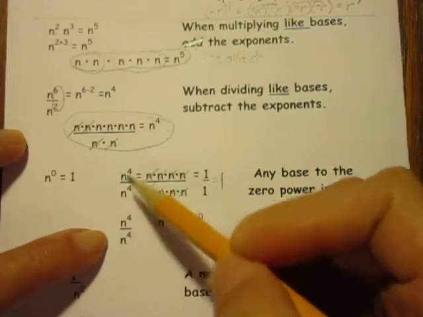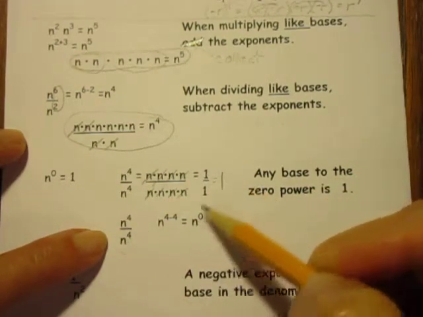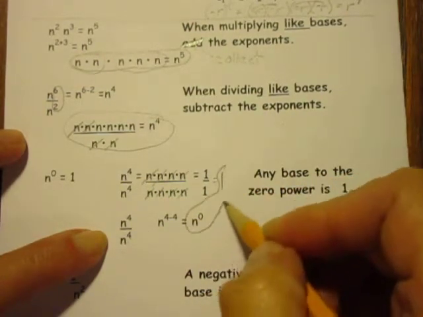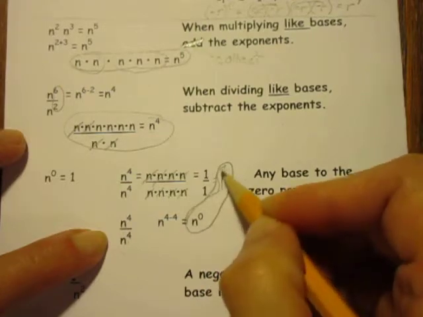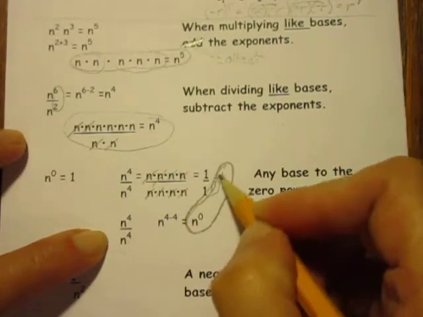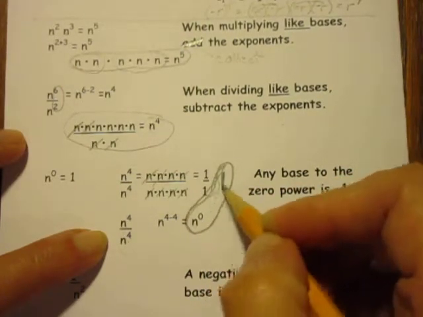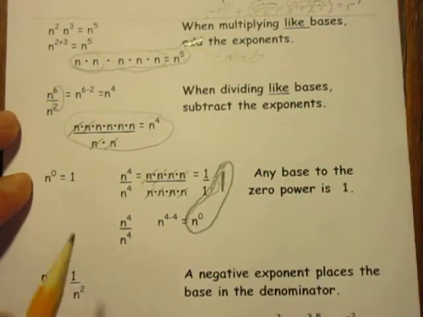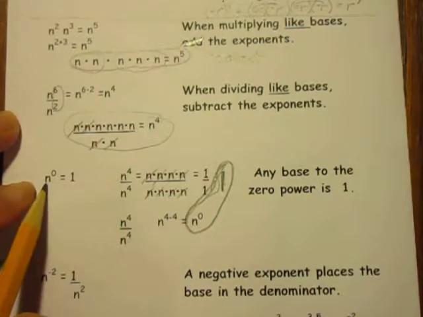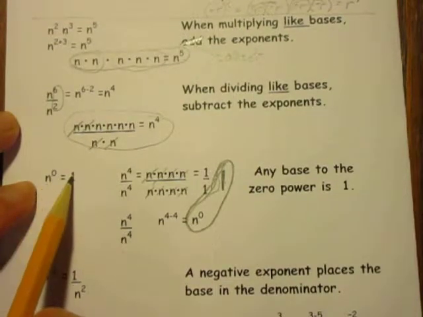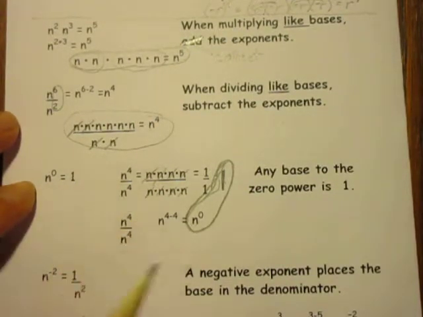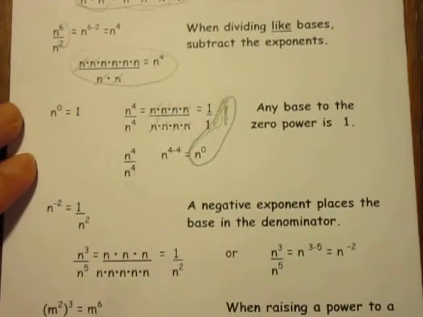I've got the same expression, and I came up with two different solutions. It must be, no matter what approach I take, these two expressions have to be equal to each other. So n to the 0 must be equal to 1. So again, all I was doing over here was proving that any base raised to a power of 0 is going to be equal to 1. And so you'll get to the point where you just recognize that.